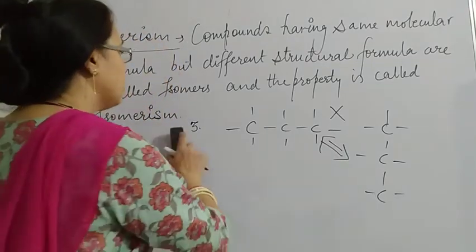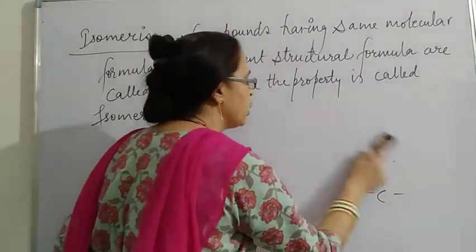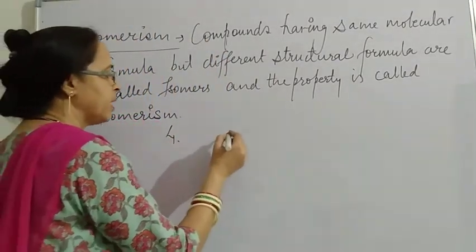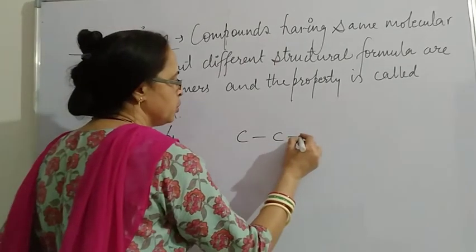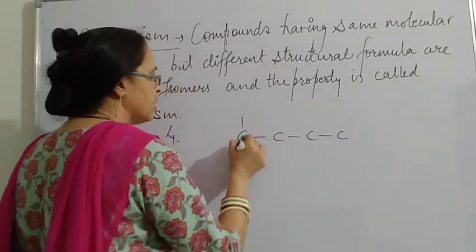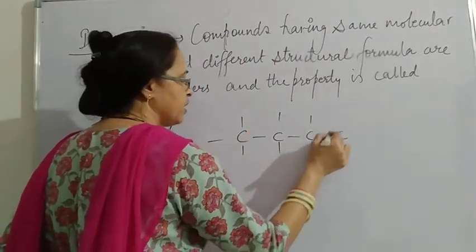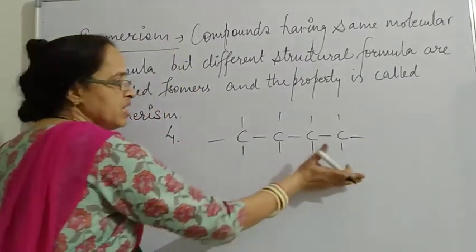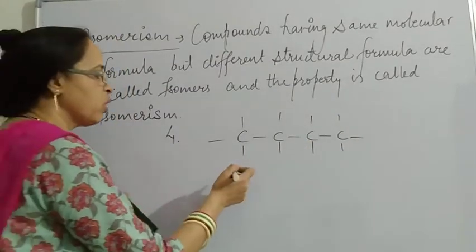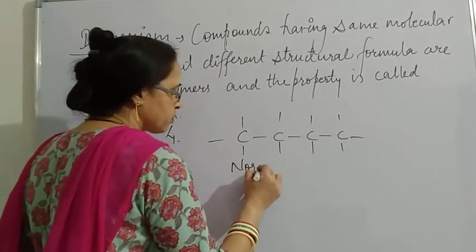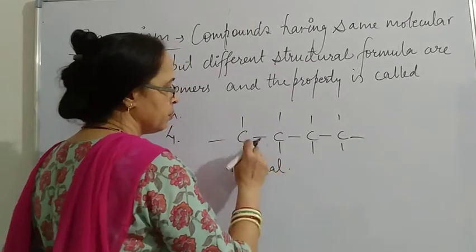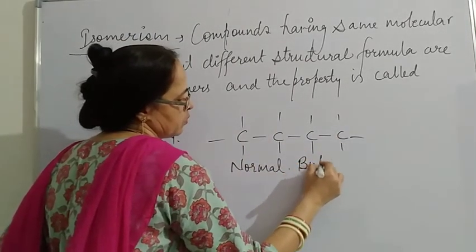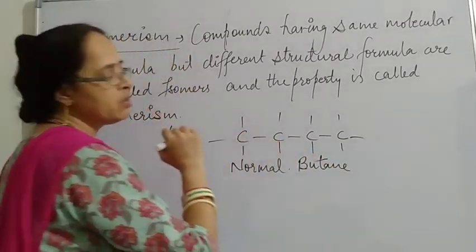But when we talk about a compound which has 4 carbons, you can see over here, 4 carbon compound, 1, 2, 3, 4. Now the valency is fulfilled with the hydrogen. So this is the first isomer, which we call normal butane.